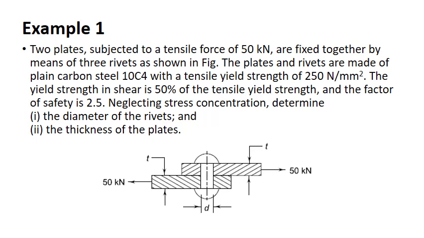That is, the maximum shear is 250 by 2, that is 125. On top of that, we also have to impose the factor of safety. We will see how to do that. In total, first determine the type of loading and hence the type of stresses to which the components are subjected by analyzing the given situation.